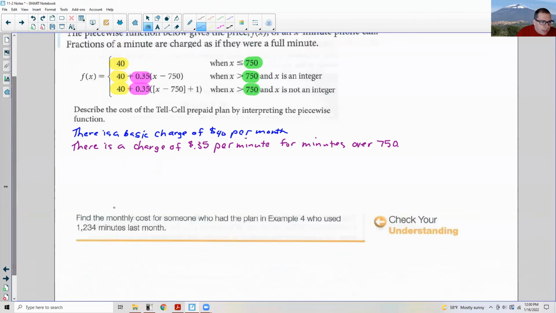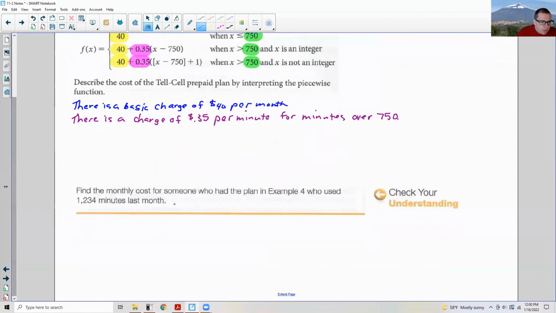Now it says find the monthly cost for someone who had the plan in example 4 and used 1,234 minutes last month. Okay, so we're going to use the second one right here because it's greater than 750 and it is an integer. 1, 2, 3, 4.